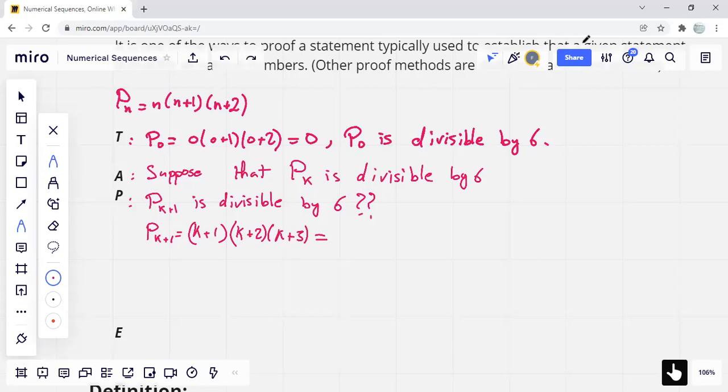Check what we will do here. We will expand k into these two factors and then 3 also into these two factors. So what do we get?